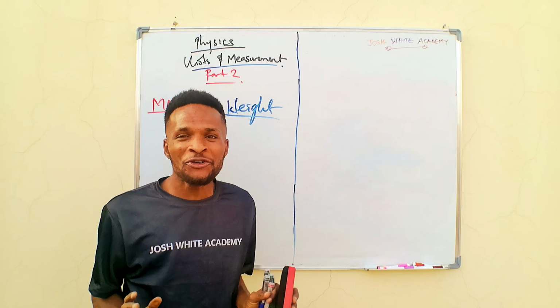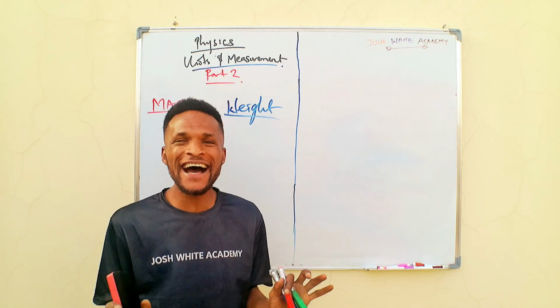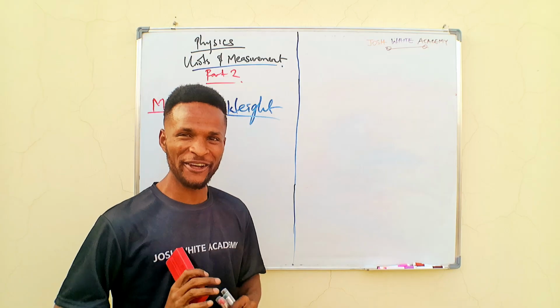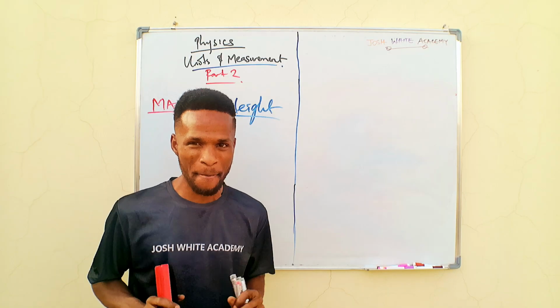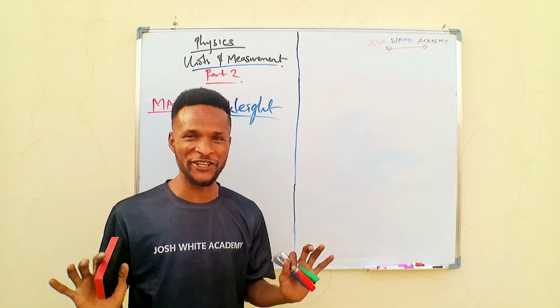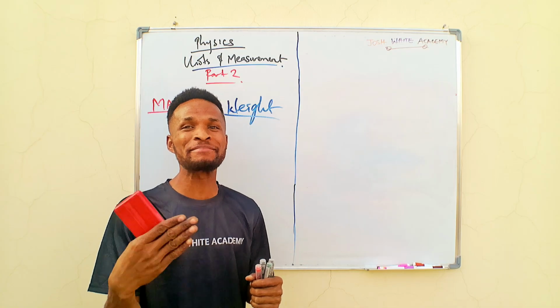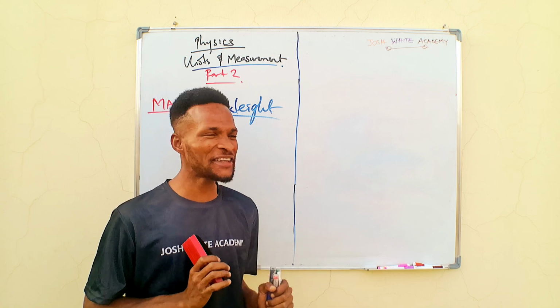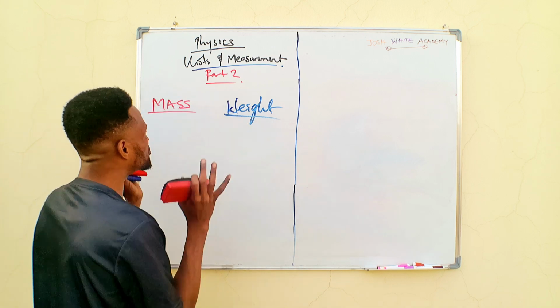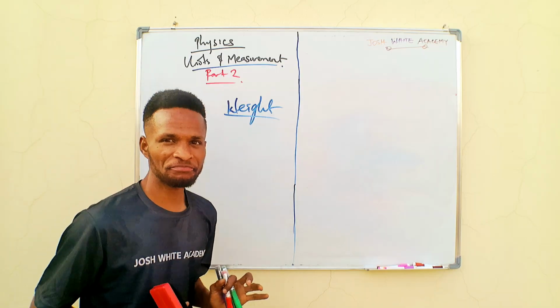Like in the definition of matter, some students still define matter as anything that has weight and occupies space, not knowing that that actually is obsolete, is old and no longer in use. It's wrong. The accurate definition for matter is anything that has mass and can occupy space. Now, what is the difference between these two quantities, mass and weight?